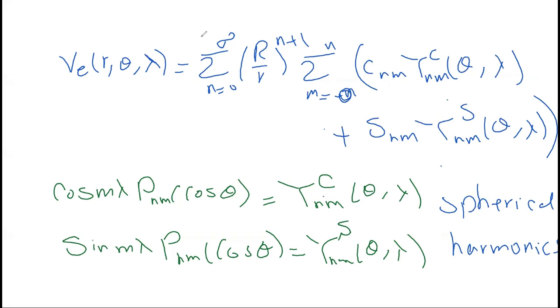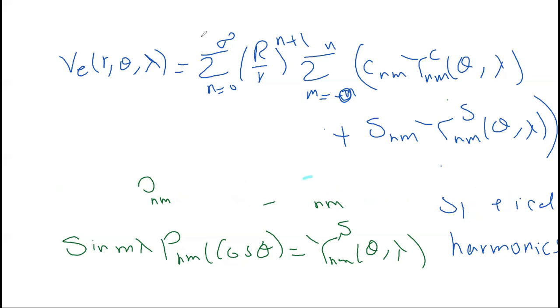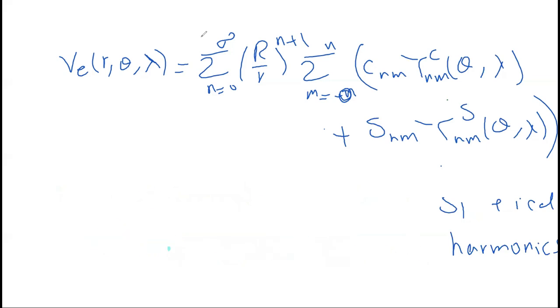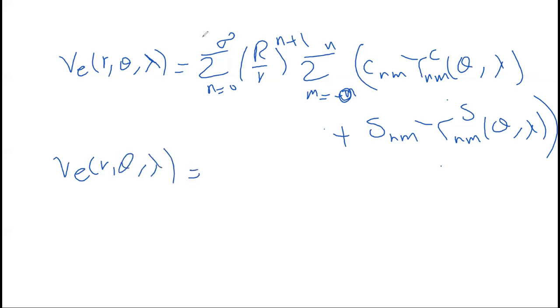So let me rewrite this equation with another convention to make it shorter, I would say. It's not simpler. So I write this long expansion of spherical harmonics, which is like the V. V of r, theta and lambda is, for the point outside the Earth, R over r to the n plus 1.